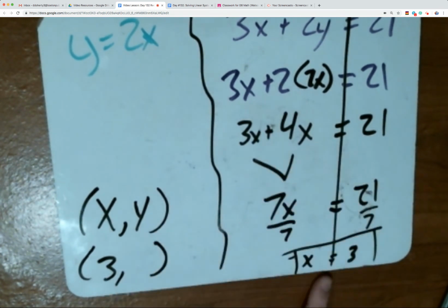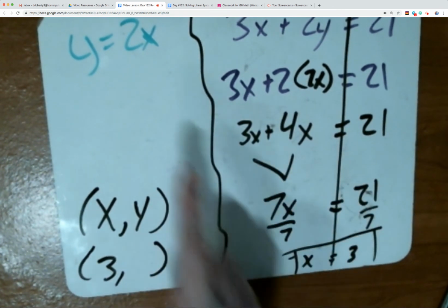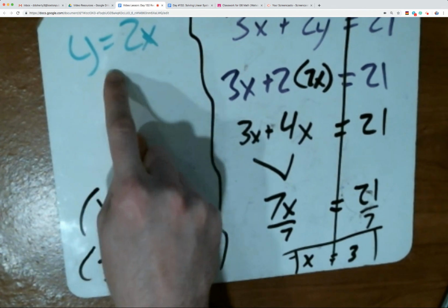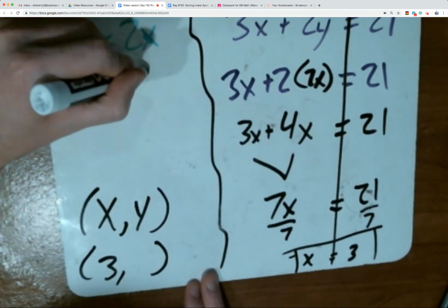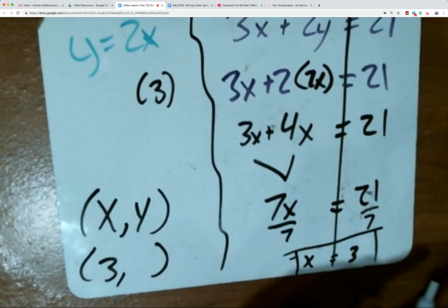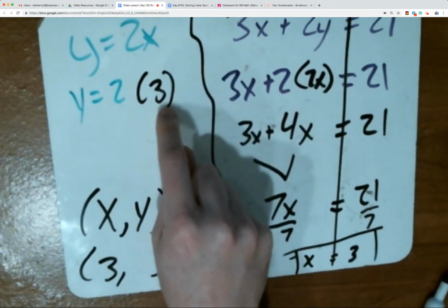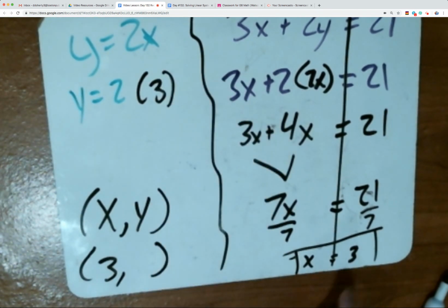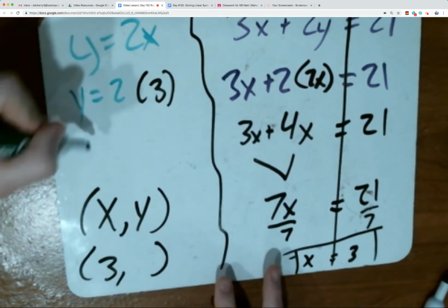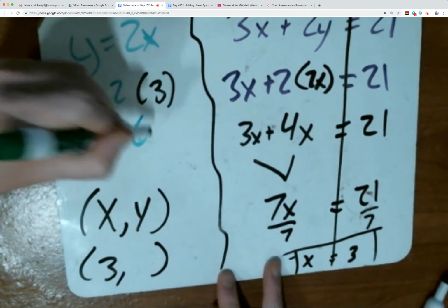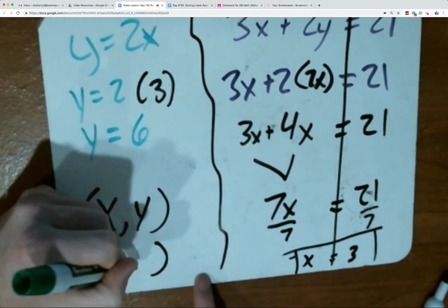But now that we know x is 3, we could go use this simple equation: y will be equal to 2 times whatever x is. And substitute the x and replace it with 3 now that we know that x is equal to 3. This tells us pretty quickly that y has to be equal to 6. 2 times 3 gives us 6.